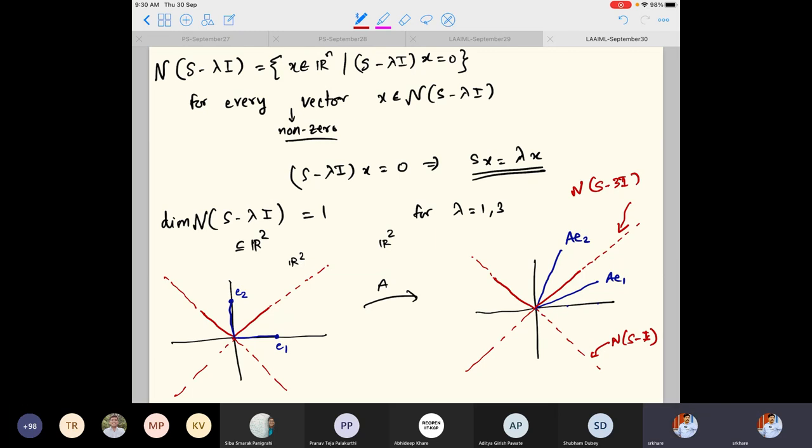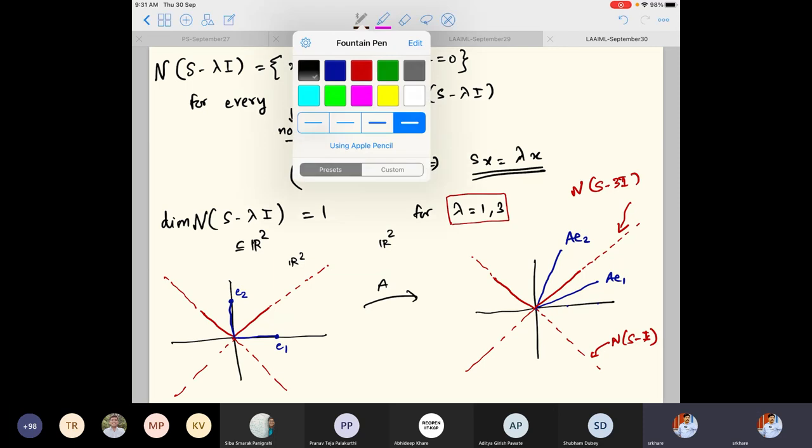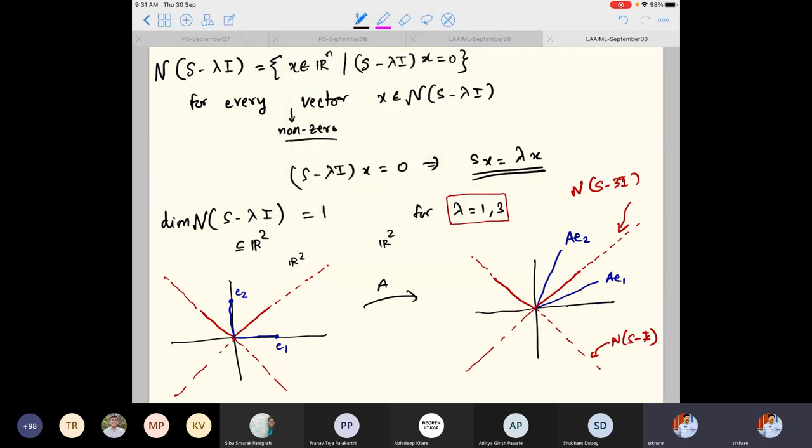So these are the two subspaces in R2, and the interesting thing to note here is that these subspaces are orthogonal to each other, right? That's the interesting thing to look at. Both the eigenvalues were also real in this particular case. So let us note that.